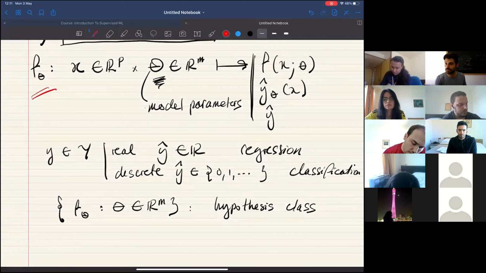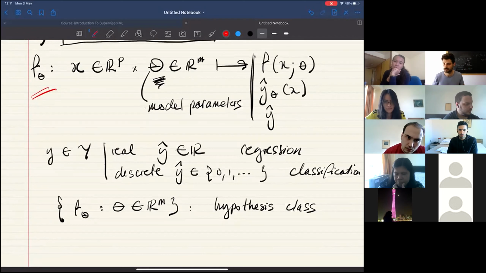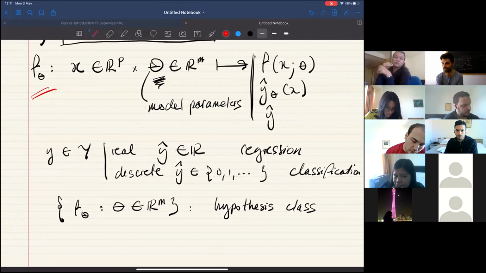So can someone give me an example of such a function f theta, and what are the parameters in this case? Can someone give me a hypothesis class, essentially, that you know?